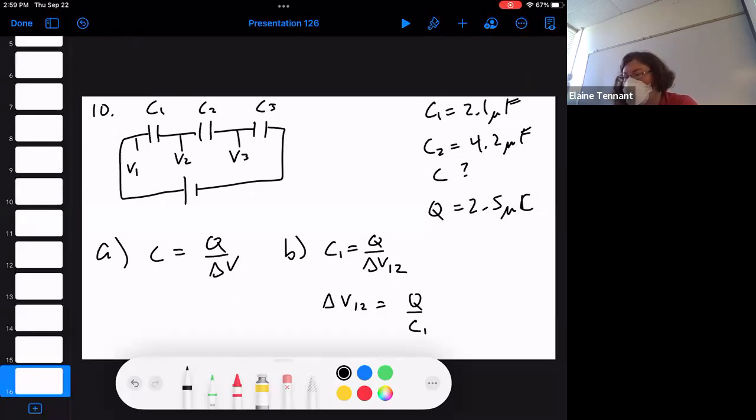Okay. Next question. And this is where I really start to like this. Now they want us to express the potential delta V12 through the potentials V1 and V2, where V1 and V2 are potentials measured at points 1 and 2. So if you were going to write an equation of delta V12 with just V2 and V1 in it, what would that be?